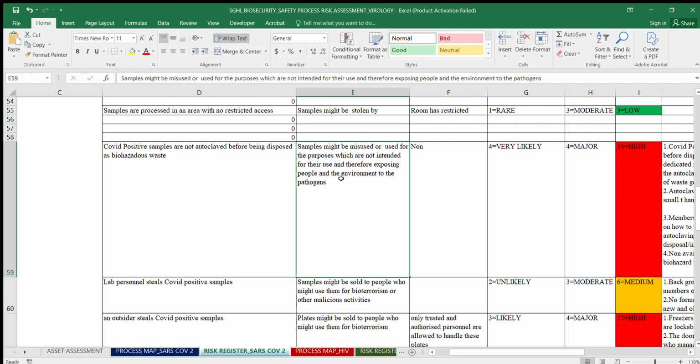So what may this cause? What's the potential cause of failure? Samples might be misused or used for purposes which are not intended, therefore exposing people and the environment to the pathogen.